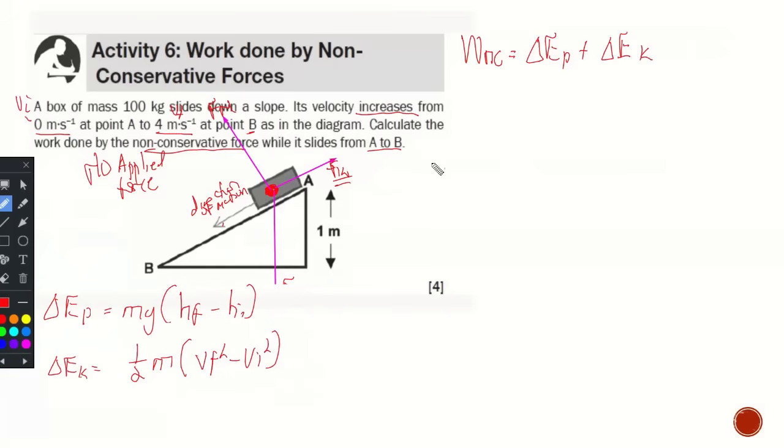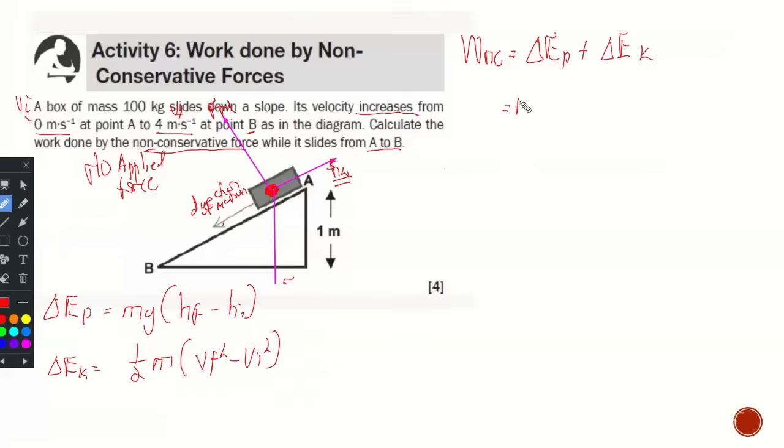So work done by non-conservative forces is the sum of the change in EP and the change in EK. Do not confuse it with the mechanical energy, right? With mechanical energy, it's just the sum of EP plus EK, but here it is the sum of the change in EP plus the change in EK.